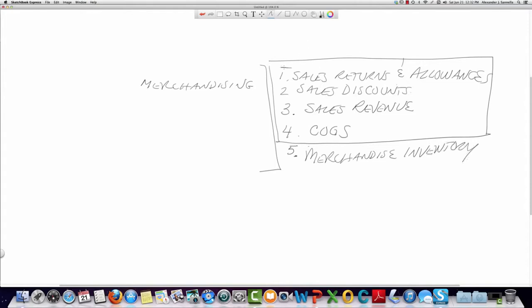So the first four are temporary accounts that are closed, and the merchandise inventory is a permanent account.